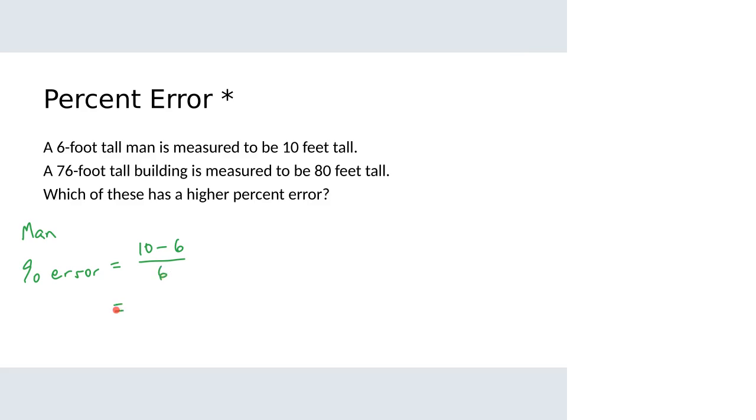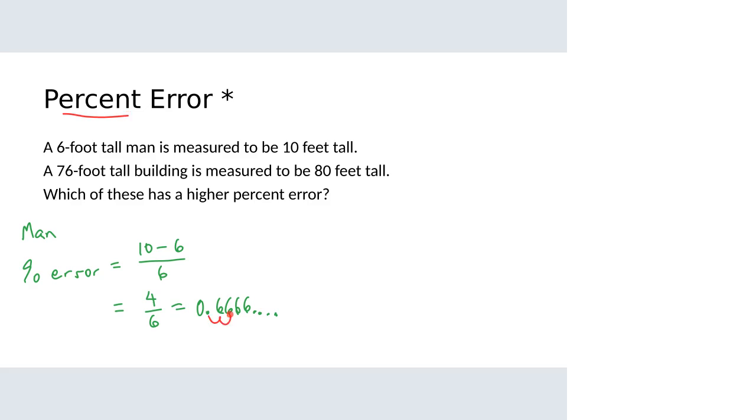And so we subtract here, and we have 4 over 6, and we can divide that. 4 divided by 6 is 0.66666, and that keeps repeating. This is written as a decimal. The concept is called percent error, so we want to write this answer as a percent.